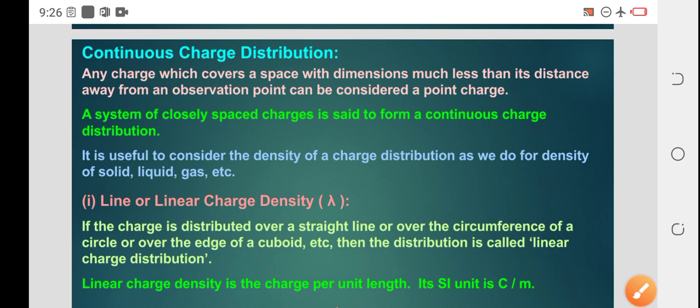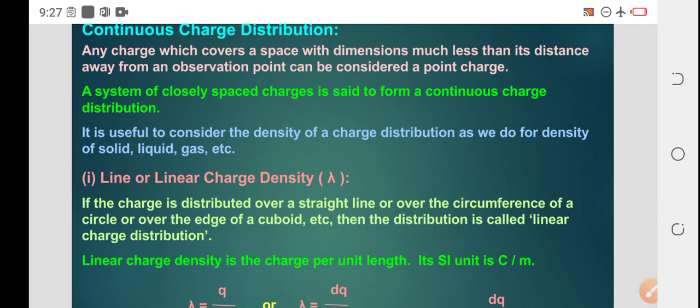A system of closely spaced charges is said to form a continuous charge distribution. What is that one? A continuous charge distribution.